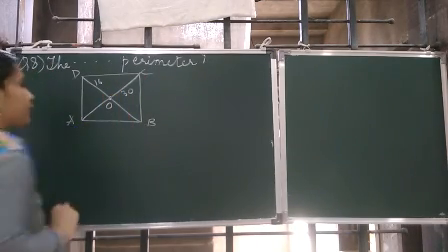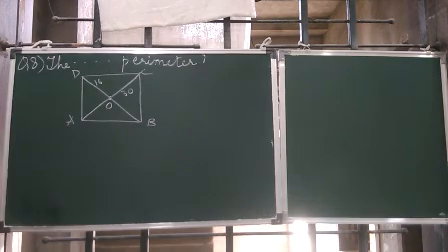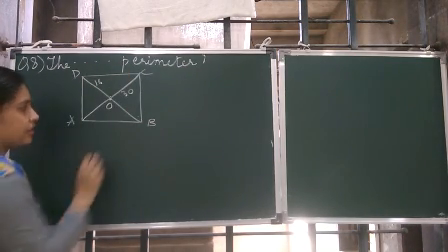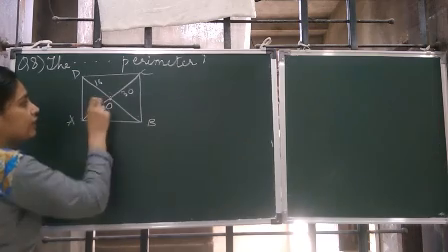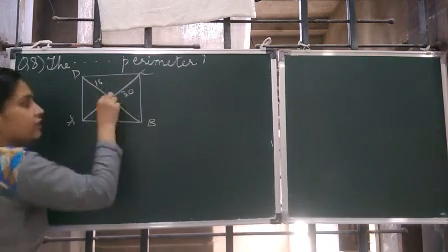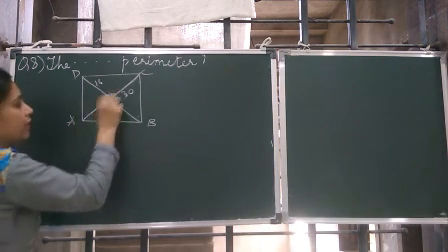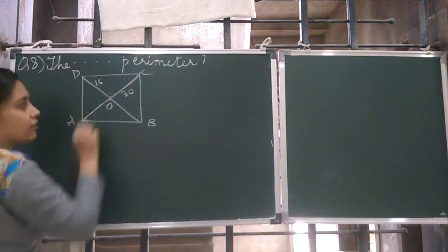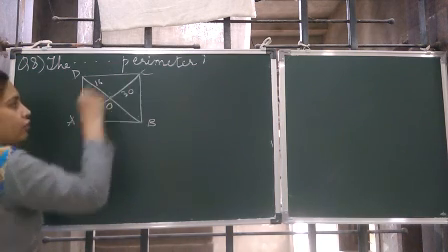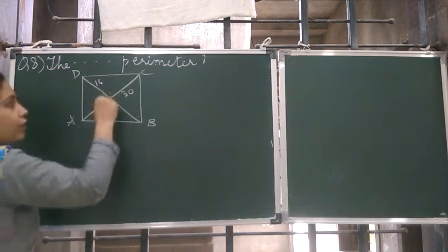Now the diagonals are perpendicular bisectors. That means they form a right angle here. Also, they bisect each other, that means they divide each other into equal parts. That means AO is equal to OC.